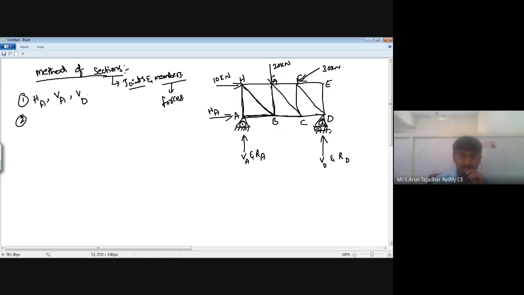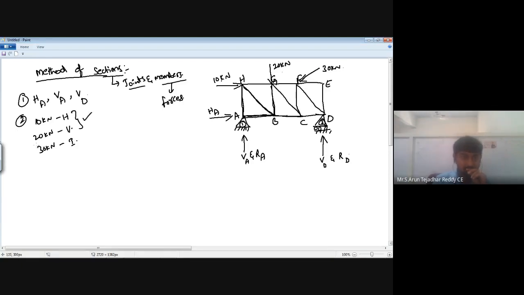See here, 10 kilonewton is acting horizontal, 20 kilonewton is acting vertical, and 30 kilonewton load is acting inclined. It means these two are perfect, no problem.